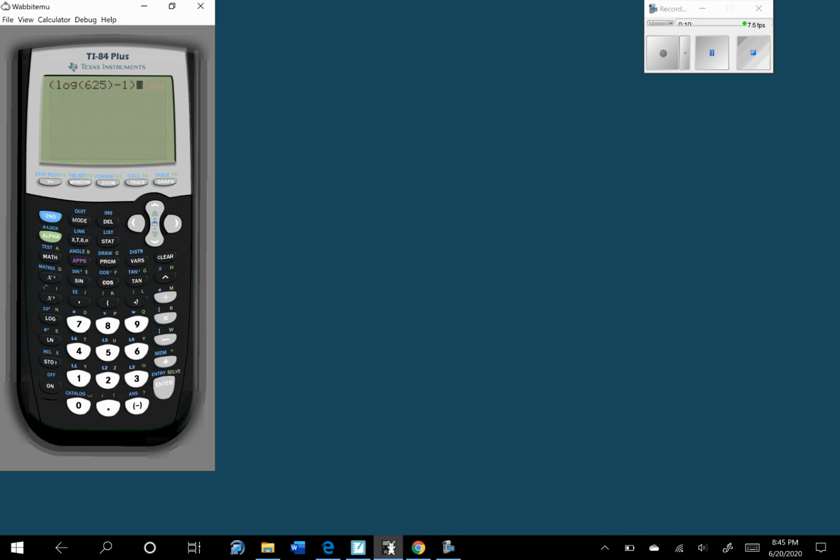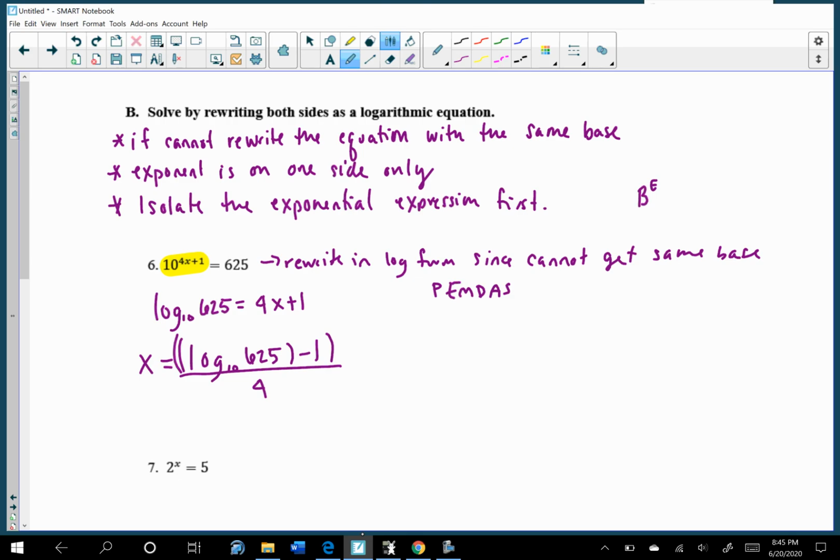And then close parentheses, oh, sorry, not twice because we already closed that one. Just once, and then divide by 4. And that gives us 0.44897, so 0.4490 when we round.